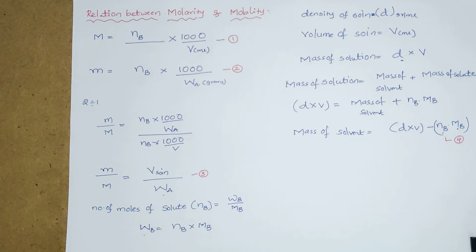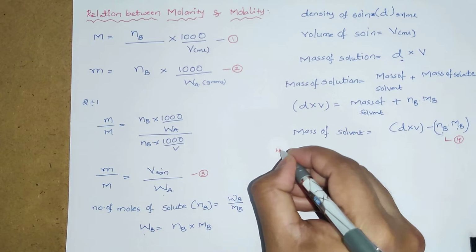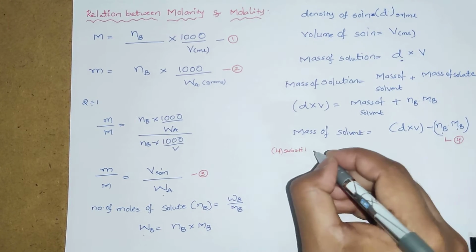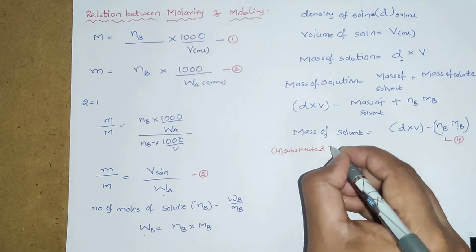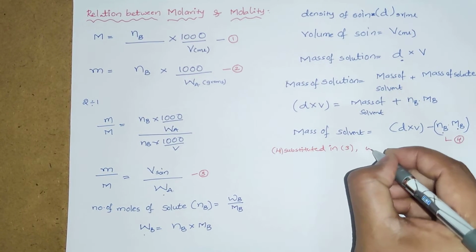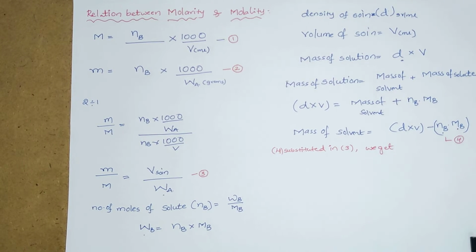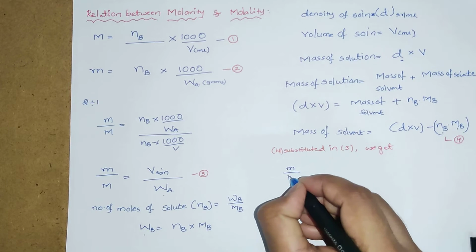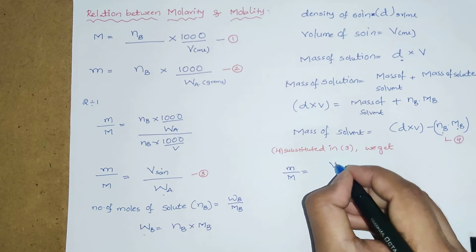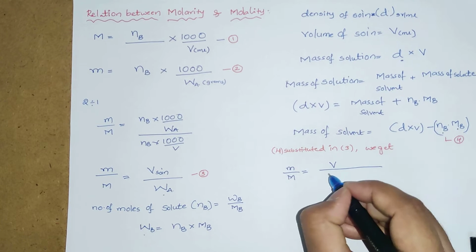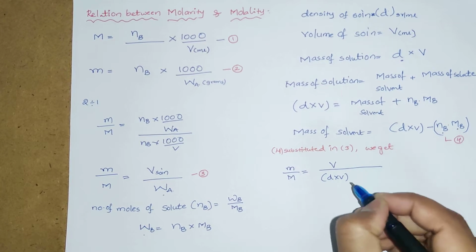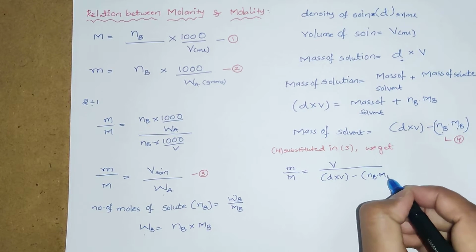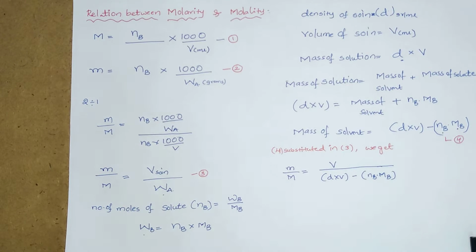Then 4 is substituted in 3. What do we get? So molality by molarity is equal to volume of solution by density into volume minus NB into MB, molecular weight of solute.